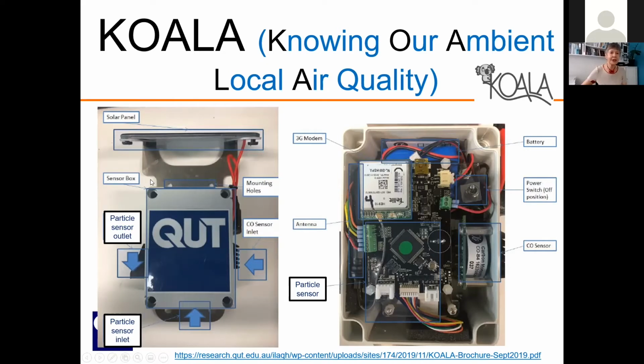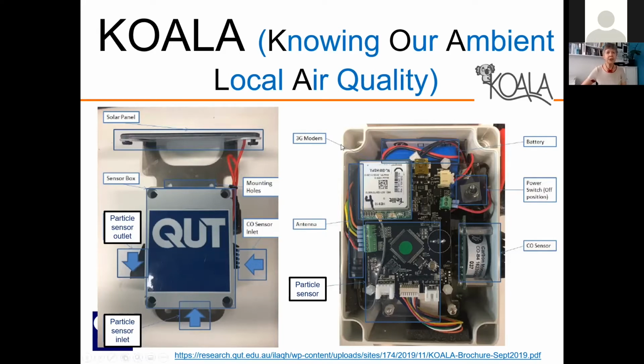As you can see on this photo, it's got a 3G modem for communication and a few other things, a battery, switch and so on. A very important part of the koala is the solar panel, because this means that the koala can operate without being plugged into electricity. So this is the koala.